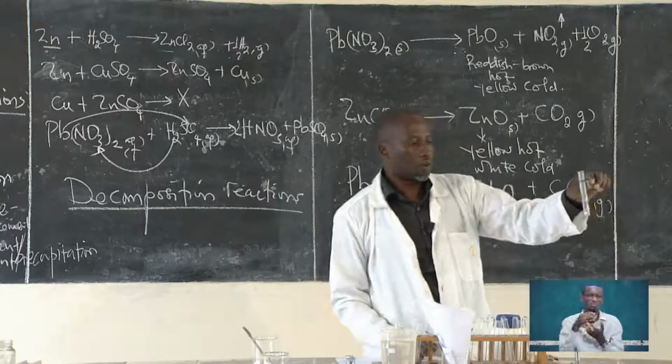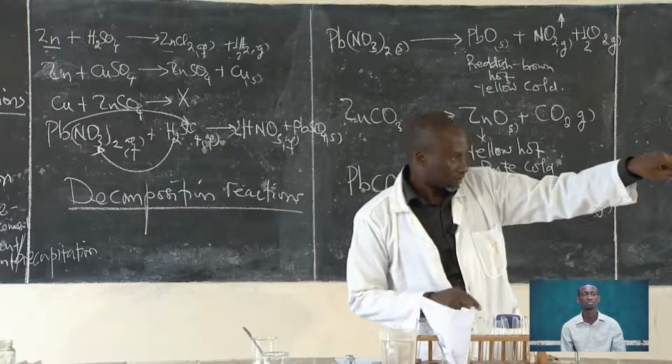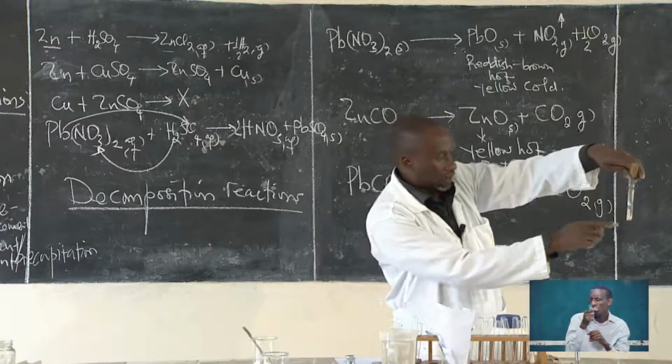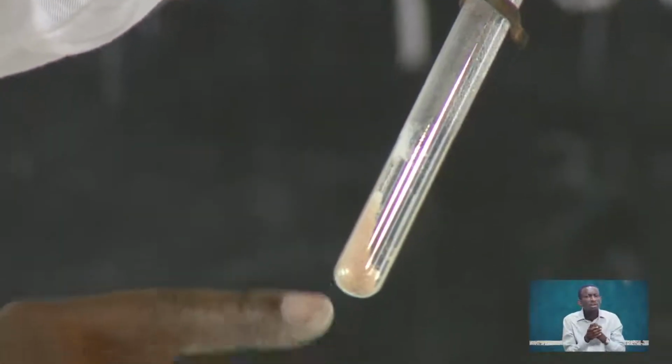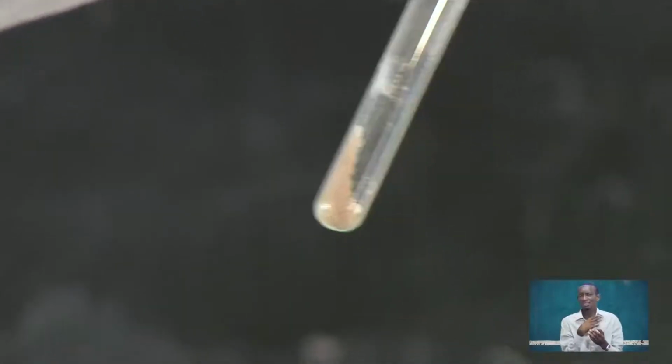So we have to wait and see. Maybe we'll come back to it again and see what is happening to the lead oxide. If you look at it very closely, down here, you see it is turning yellowish.